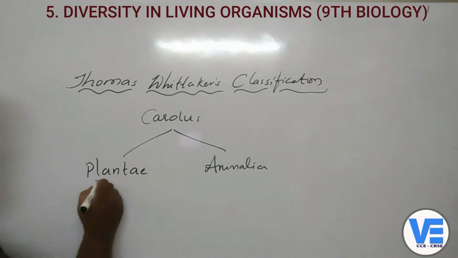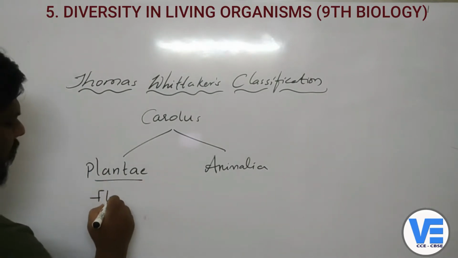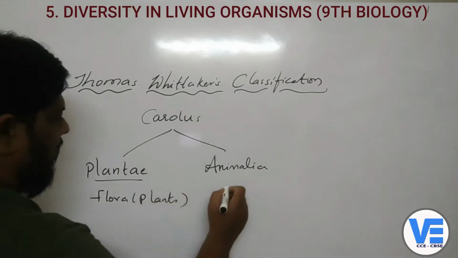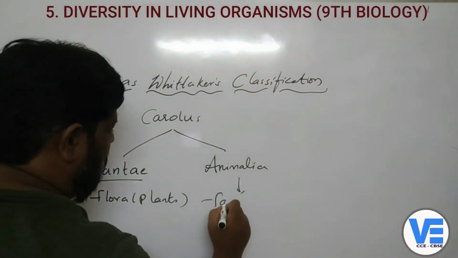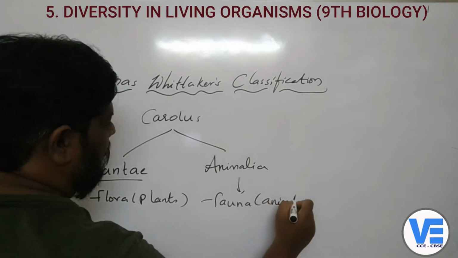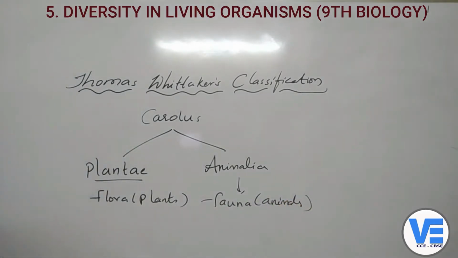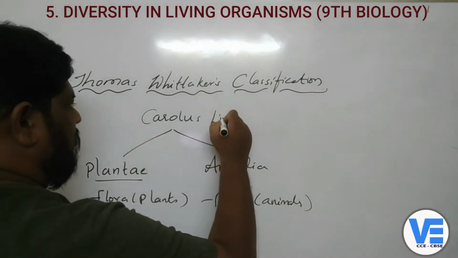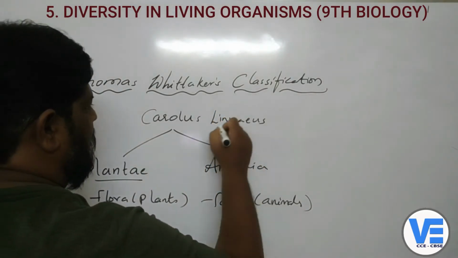And Plantae is nothing but the flora, that means all the plants. Animalia means fauna, that means all the animals, right? So these were the only two divisions in Carolus Linnaeus's classification.